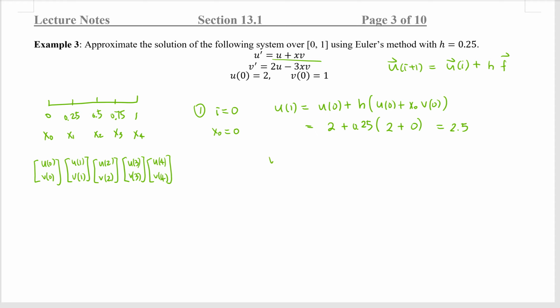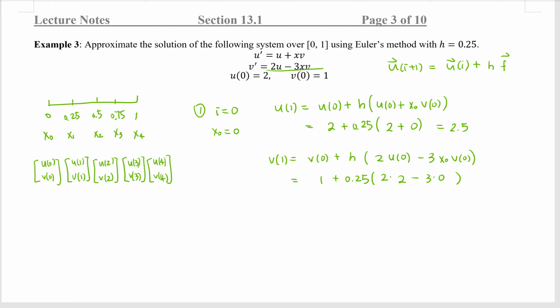And then we have v1. v1 is v of 0 plus h times our second equation. We have 2u of 0 minus 3x0 v0. v0 is 1, h is 0.25, u of 0 is 2, 3 times 0, so it's gone.